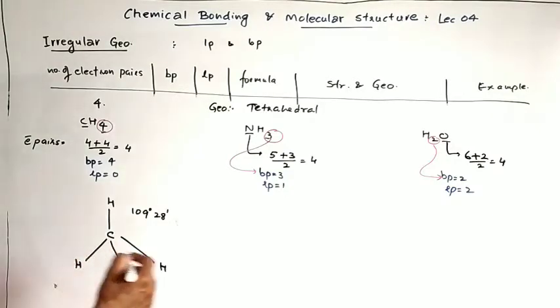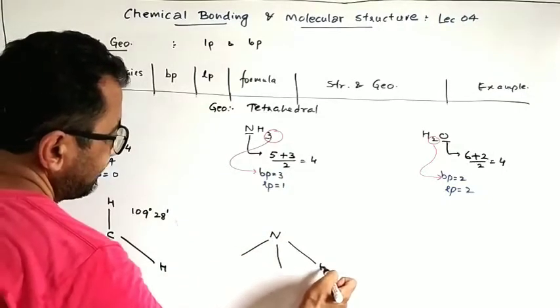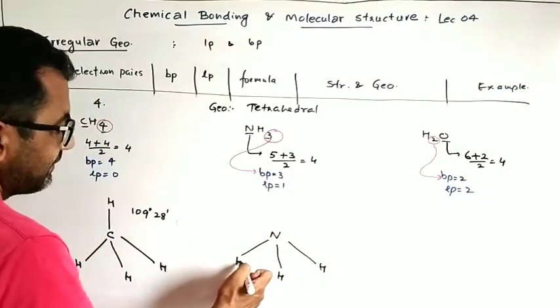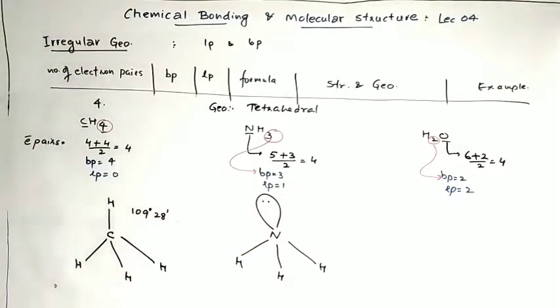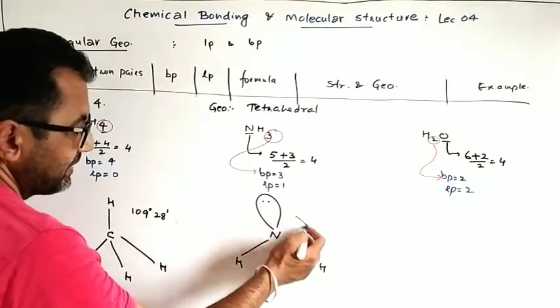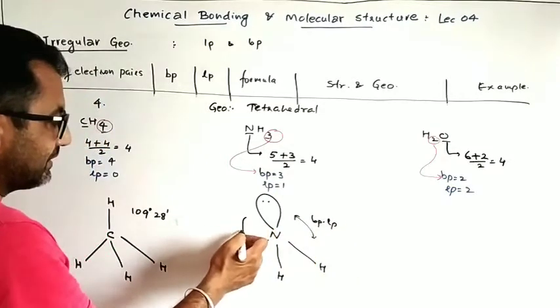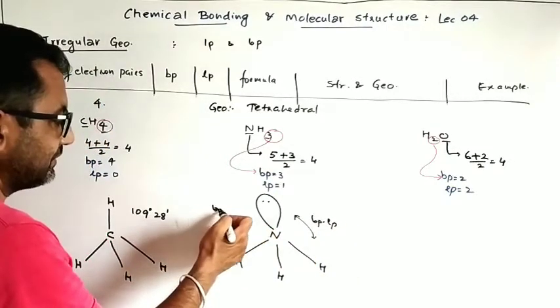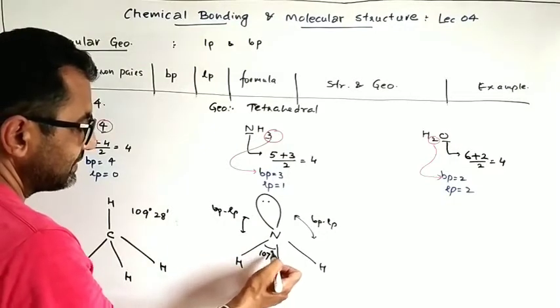In ammonia, we have to make the 3 bond pairs like this, and one position is occupied by the lone pair. So there are 2 types of repulsions. Here is a bond pair lone pair repulsion. Here is also bond pair lone pair repulsion. So the bond angle reduces to 107 degrees.